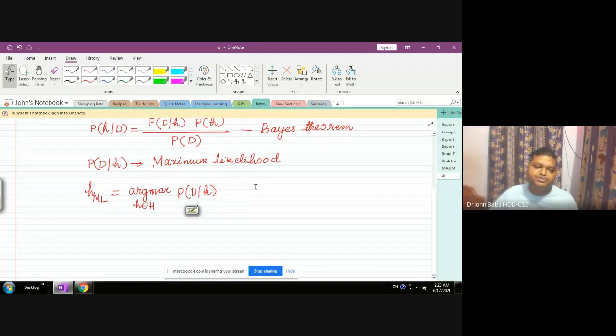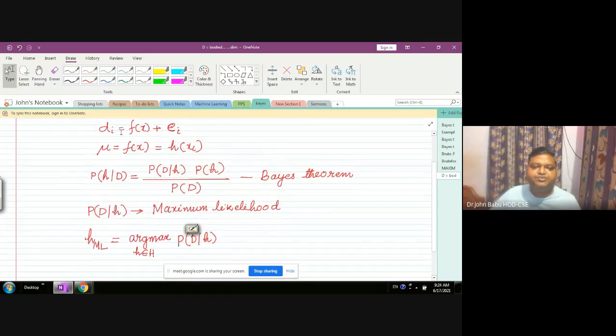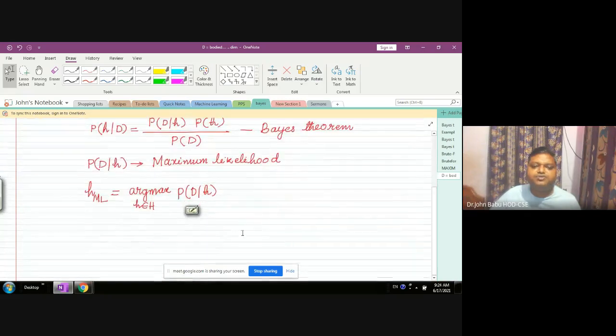Among the hypotheses, which will return the maximum probability of the likelihood, we call it the maximum likelihood hypothesis. Because the probability of data depends upon d1, d2, d3, d4, and so on, we take the product of all these probabilities.